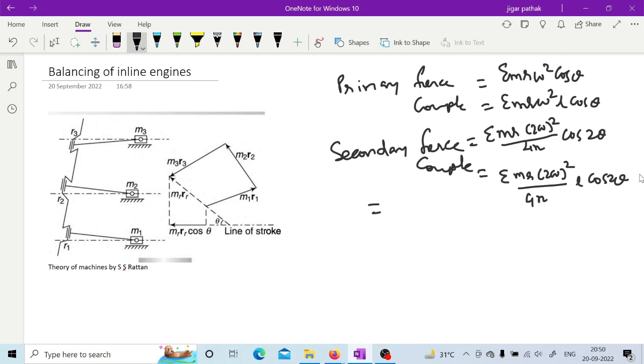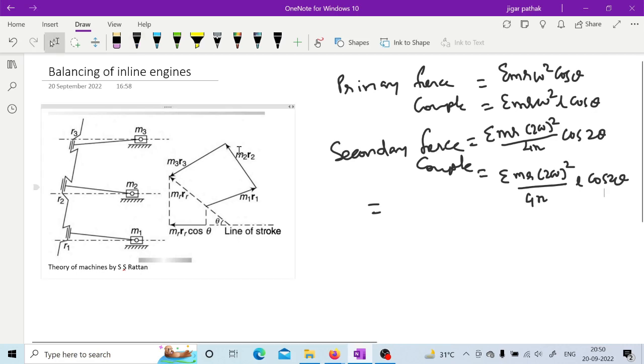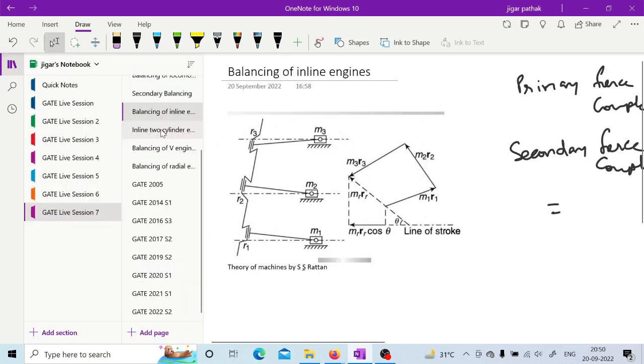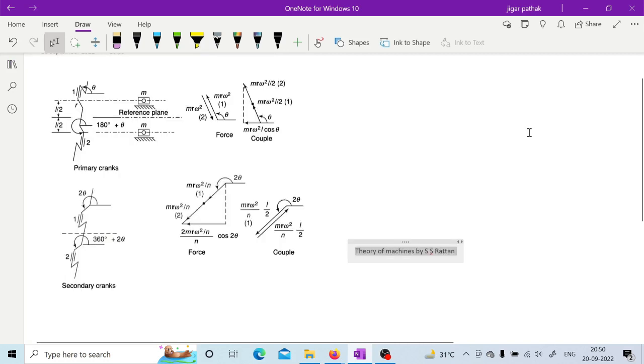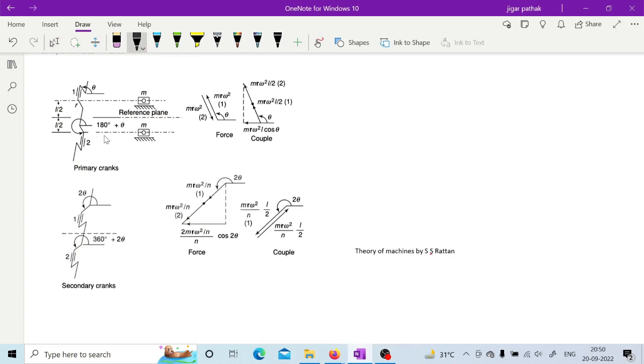Once you are done with this, if you take a particular case of an inline engine, I have taken the inline 2-cylinder engine, in which the cranks are 180 degrees apart, theta and theta plus 180.